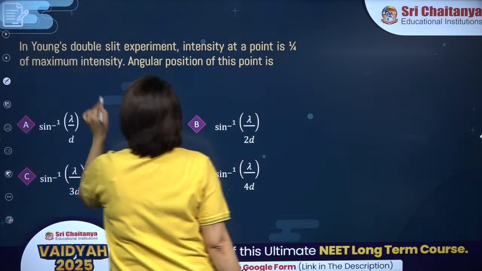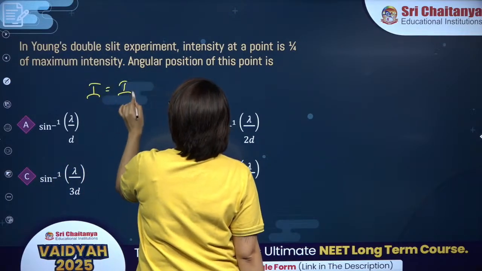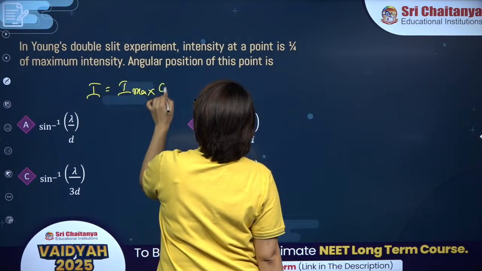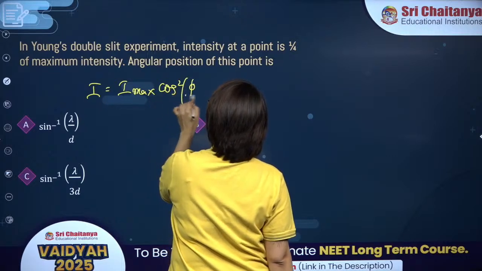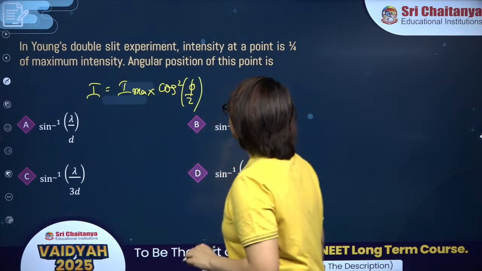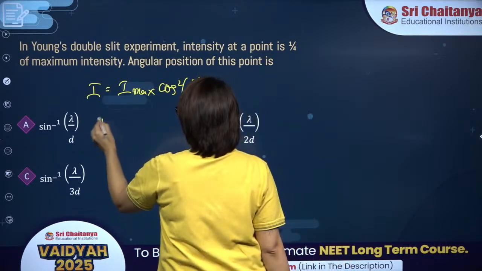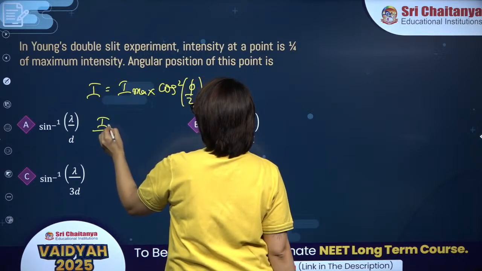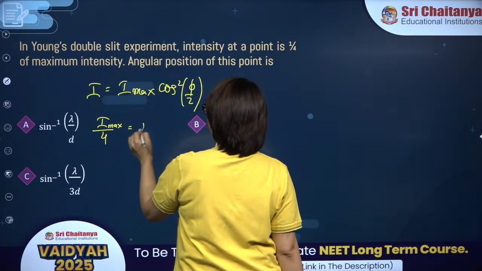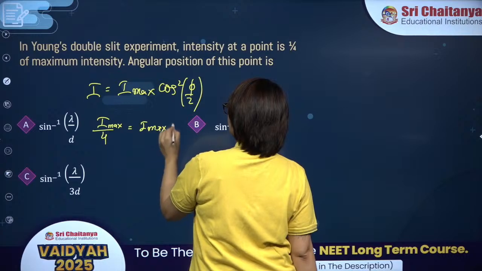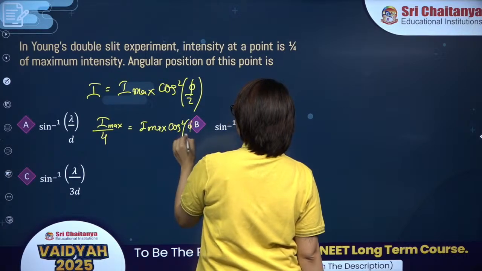So in this case, I is I max times cos square phi by 2, where phi is the phase difference. I is I max by 4, and it is I max times cos square phi by 2.